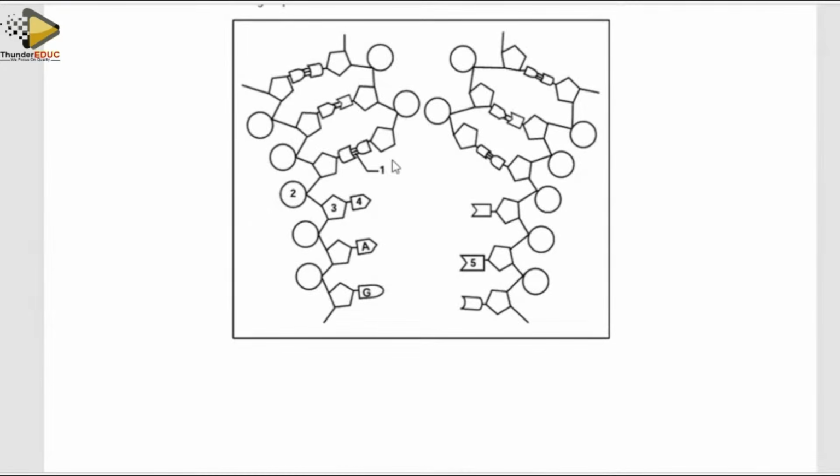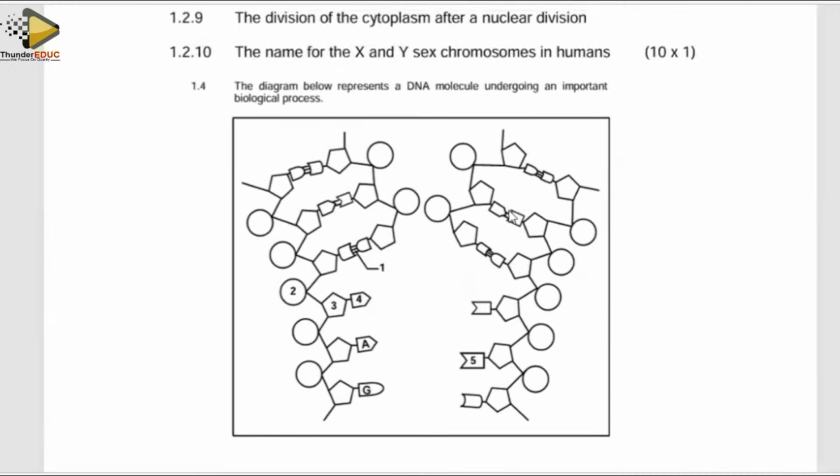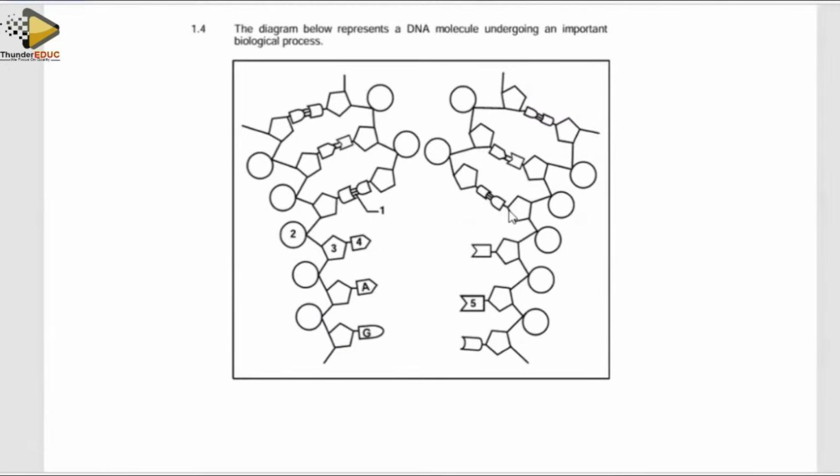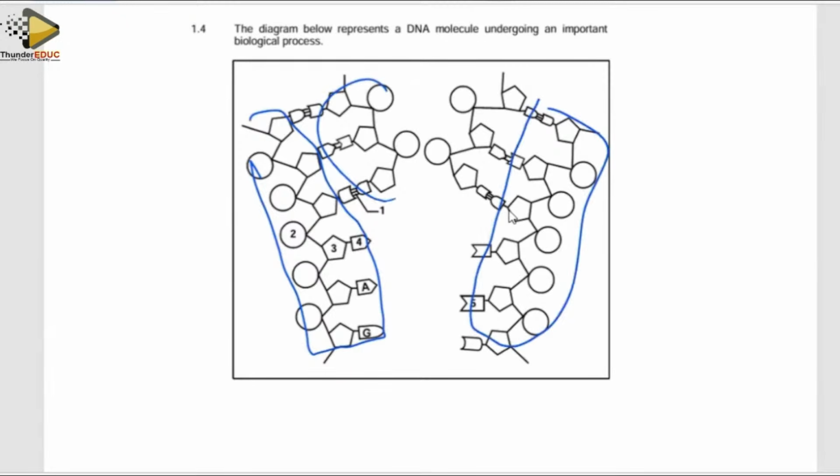If you look at that diagram, we see that this is DNA replication, because you have an old strand, and then another old strand, and you have new strands being formed. And because of these weak hydrogen bonds, it means that each molecule is DNA.